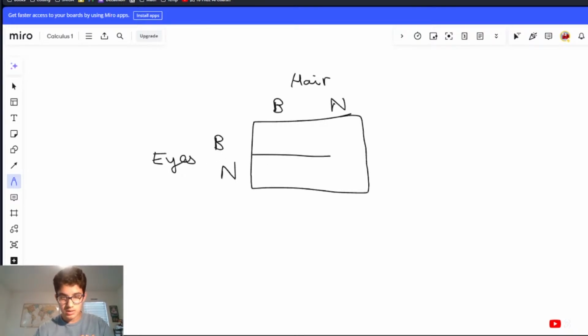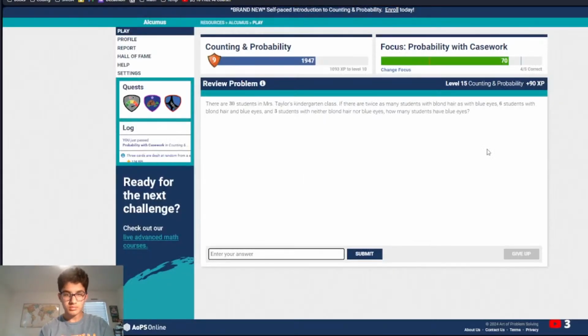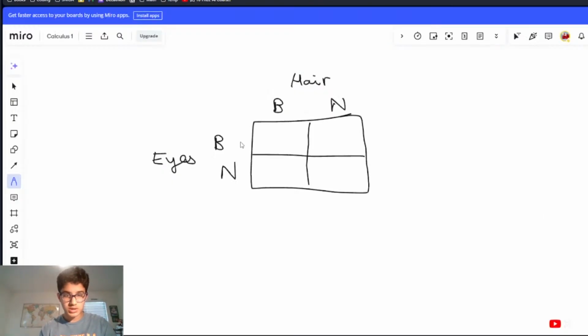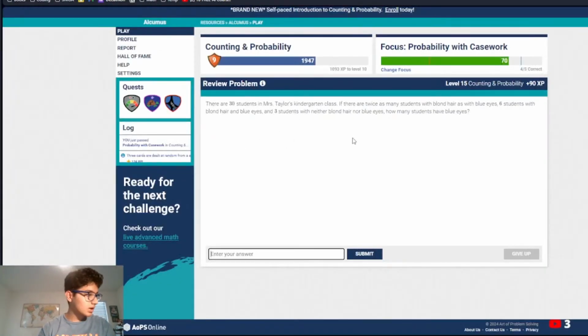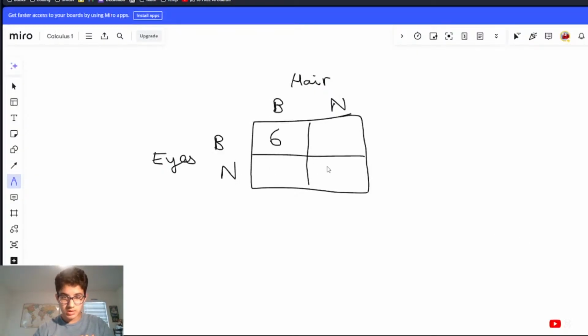So it's like this, right? Now we know that six students have blonde hair and blue eyes. So six students over here. And then besides this, there are three students with neither blonde hair nor blue eyes. So that means there'll be three here in this section.